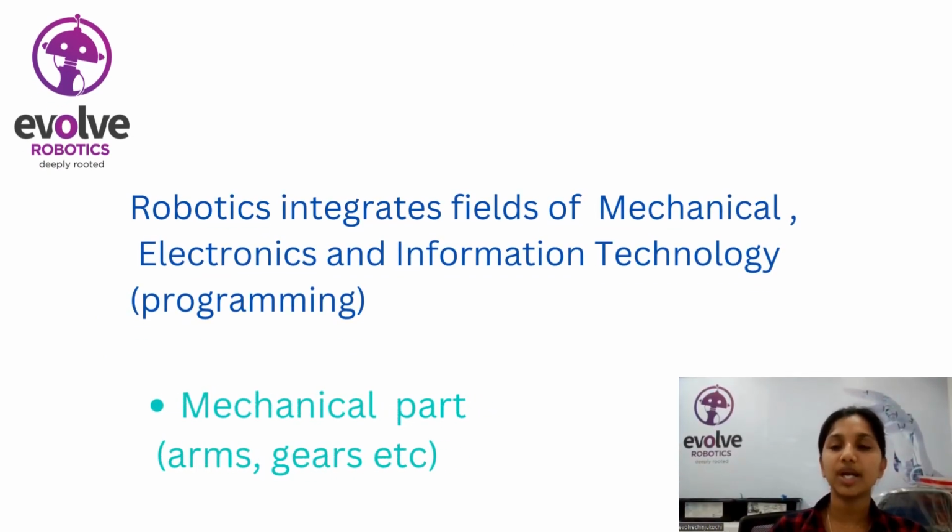We all know a robot should have some hardware parts or movable parts for proper functioning, like arms, legs, or motors. All these things come under the mechanical section. The movements are planned and worked out properly in the mechanical section.